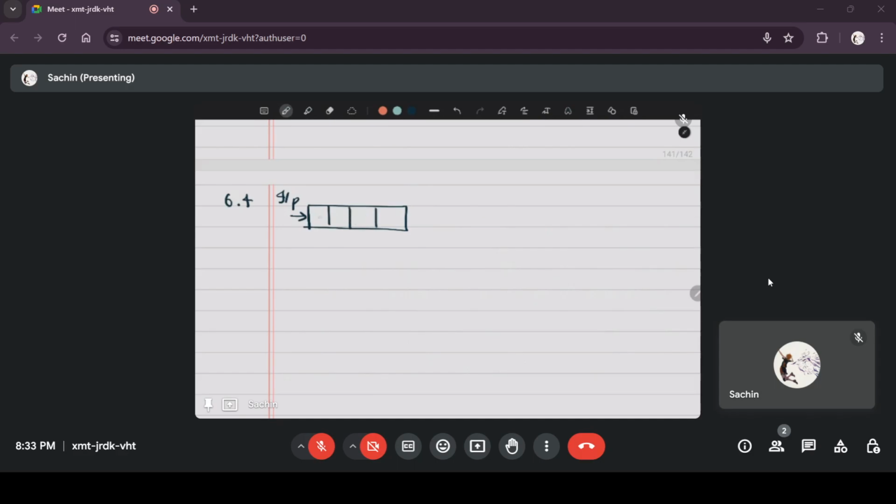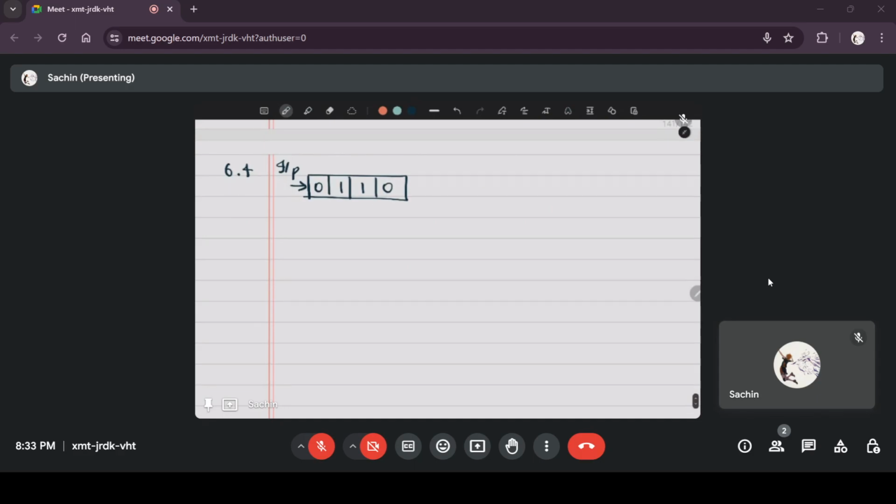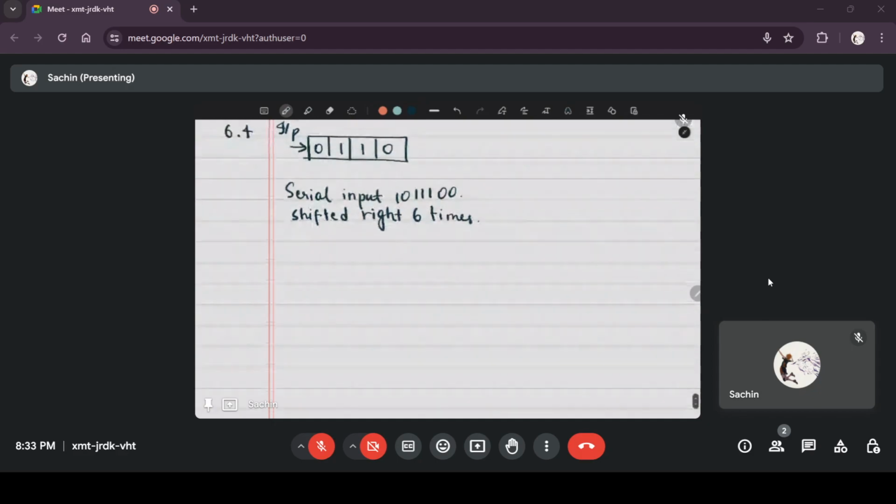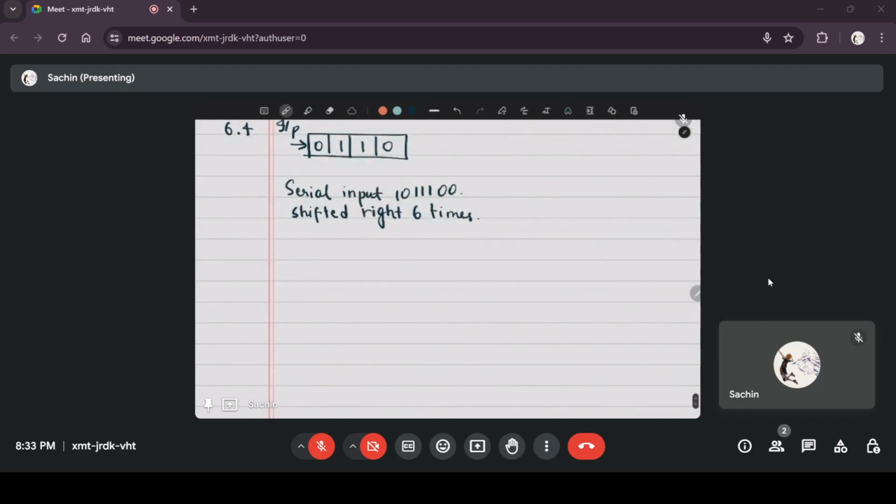So initially the register is storing 0110, and then the serial input 101100 is fed into the register, shifted right 6 times. What is the content of the register after each shift?